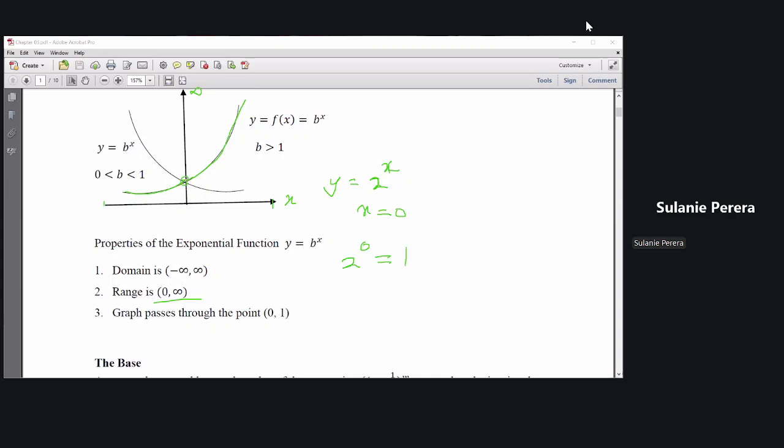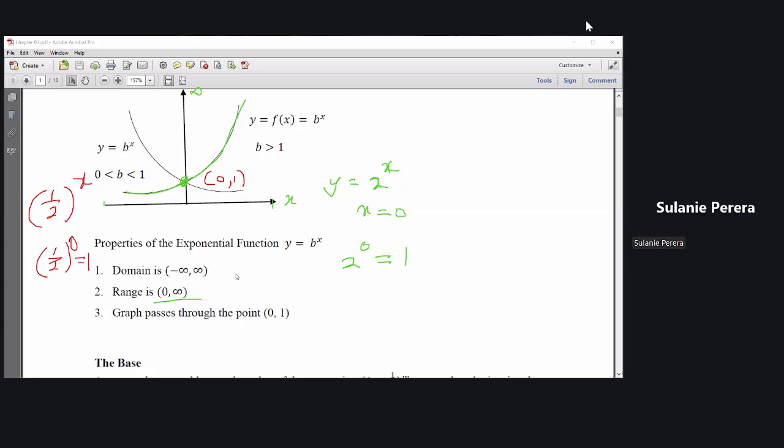So it always passes through the point (0, 1). Even if you take 1/2 to the power x, when x is 0, half to the power 0 is 1. So it always passes through the point (0, 1).